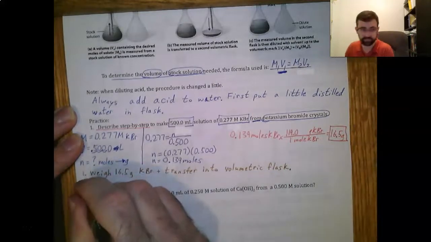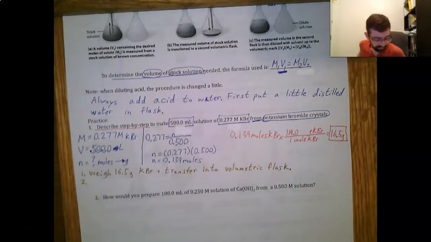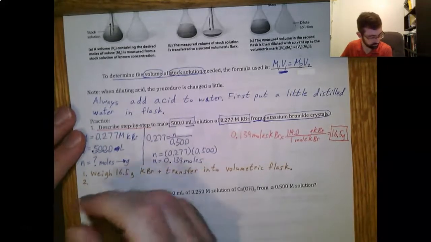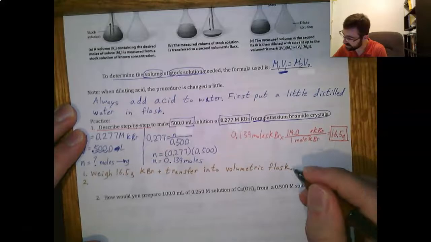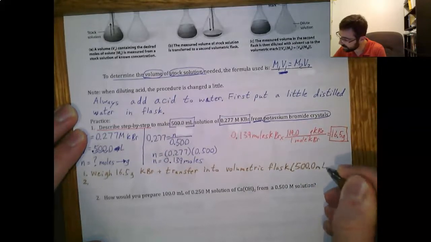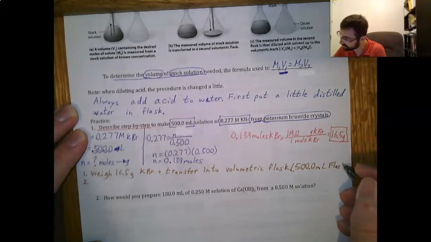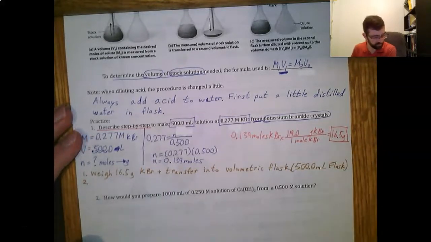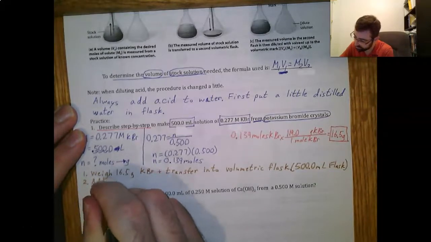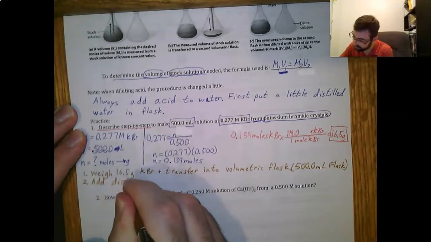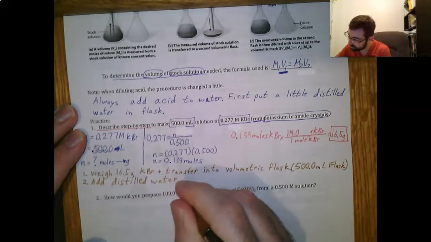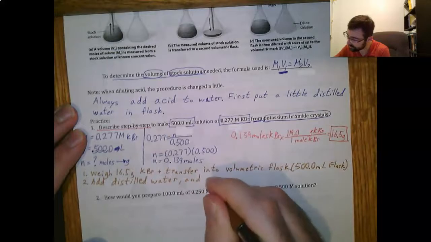Second step, what am I going to do after that? Oh, and by the way, the volumetric flask needs to be a 500.0 milliliter flask. Okay. Second step is to add distilled water and mix.